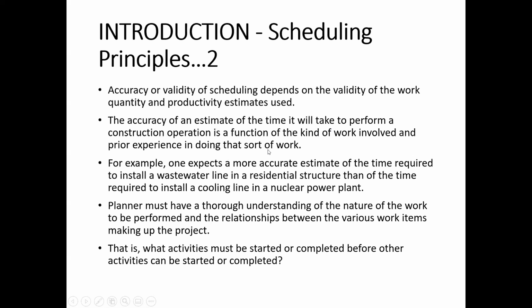So how does this accuracy come? It depends on the type of work and prior experience. The example is: one expects a more accurate estimate of the time required to install a wastewater line in a residential structure than of the time required to install a cooling line in a nuclear power plant.